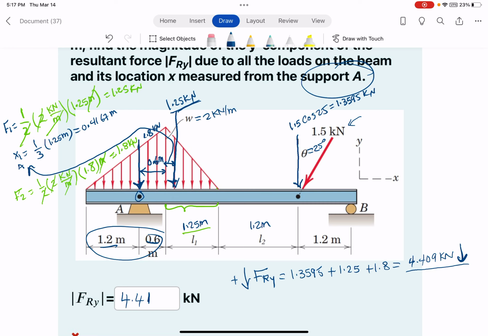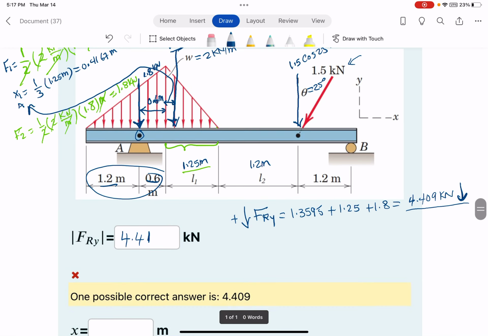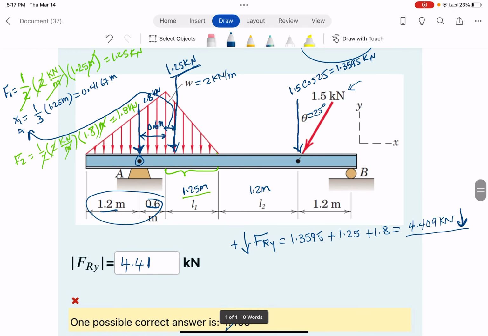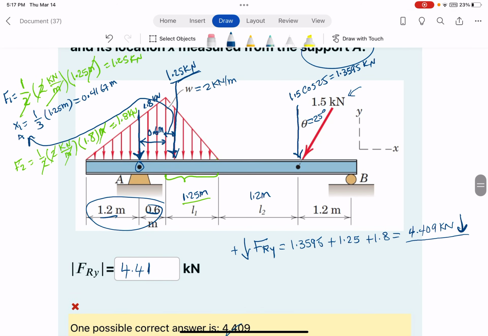Okay, so now we want to find out, of course this is correct, but let's look at the second one, finding x. We want to find out the resultant. We have this resultant, so the beam is going to be like this. This is A, and this is B. We need to find out the location of that resultant.